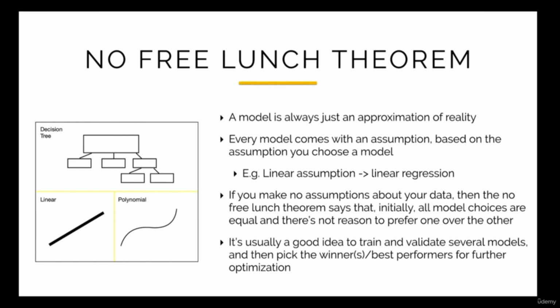So a good thing to do is pick several models, train them all, try them all out, see which ones perform best, and then optimize these further, see how they perform then, and ultimately decide on one and fully go down the route of really optimizing it and training it on your whole large data set or whatever you may have available.